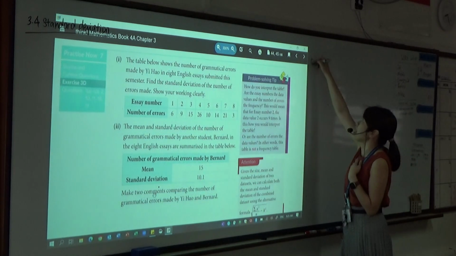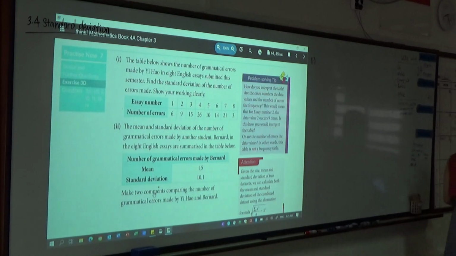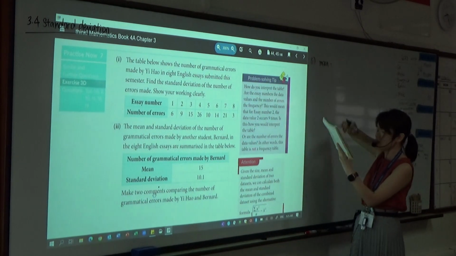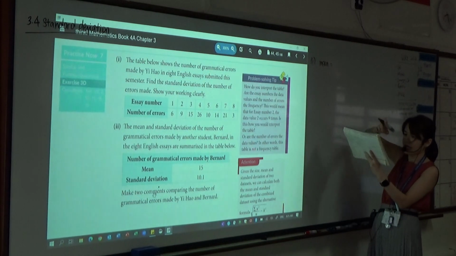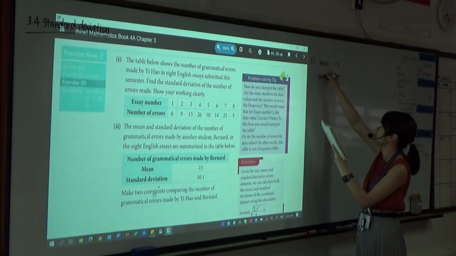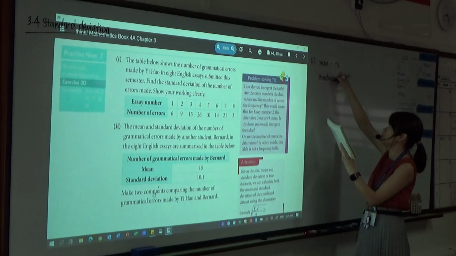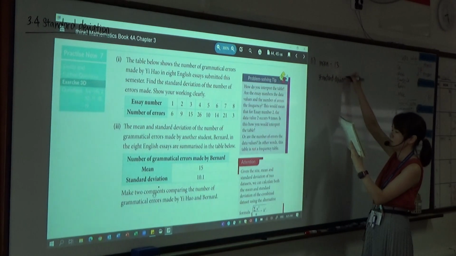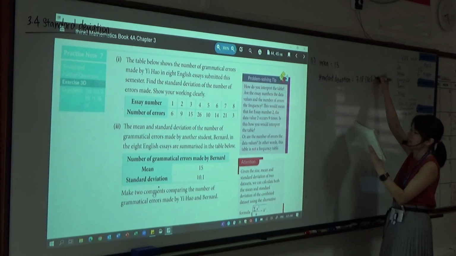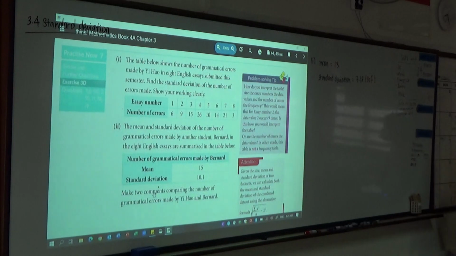So in part I, if you use your calculator to look for the mean itself, you would get exactly 13, and the standard deviation, which we did the other time round, was 7.18 to 3 SF.